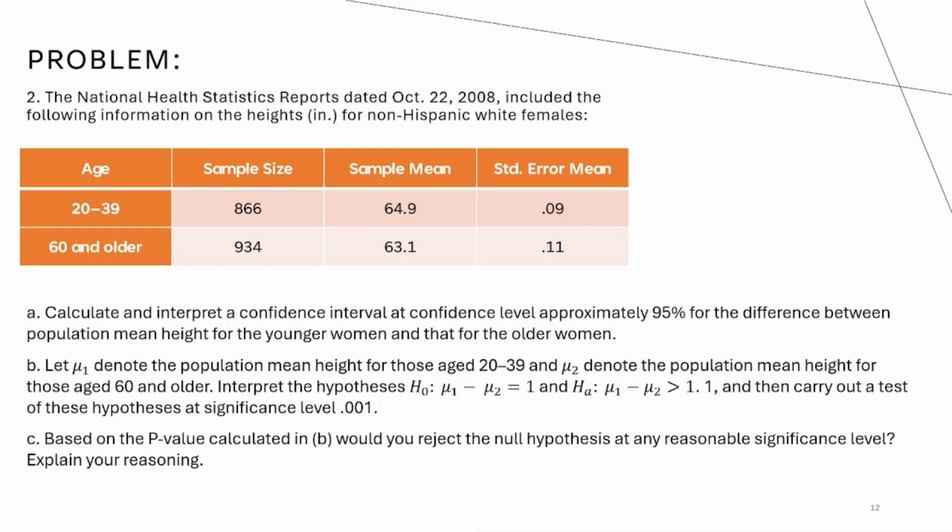So we have a null hypothesis of the mean of the 39 group minus the mean of the 60 and older group being equal to 1, meaning that the assumption is that the 20 through 39 group will have an average of 1 inch on the 60 and older group.